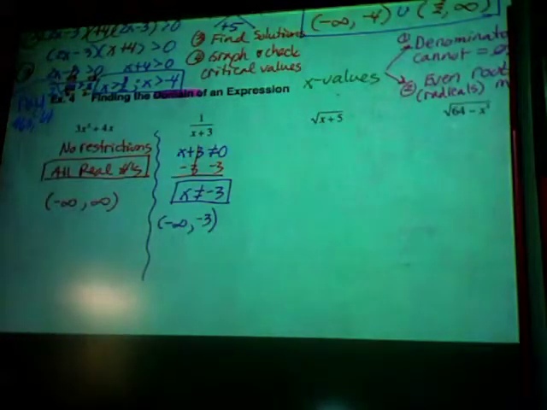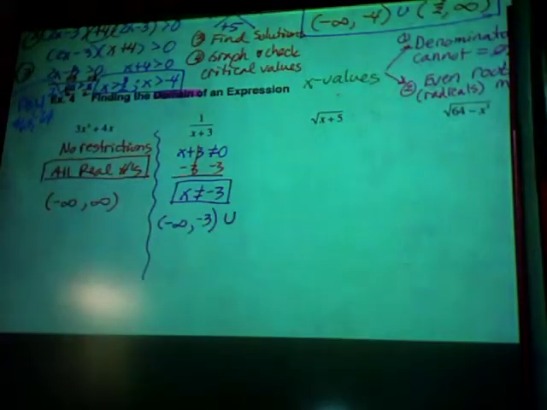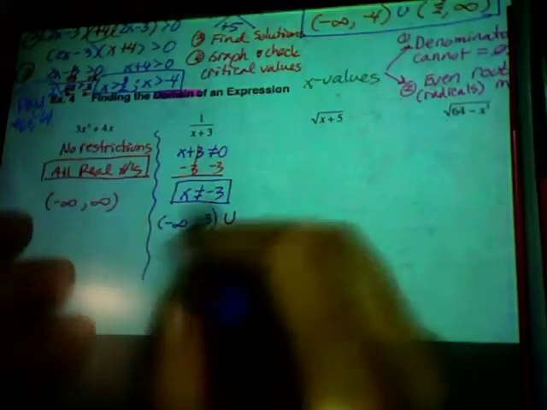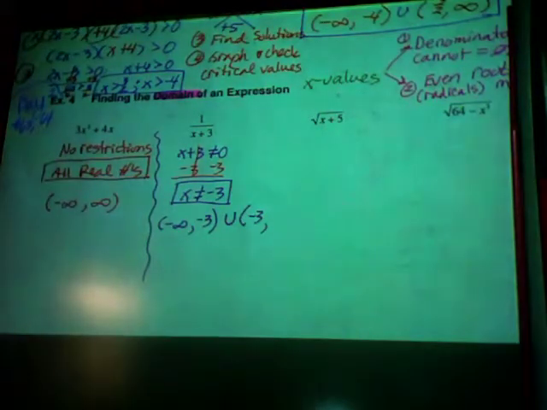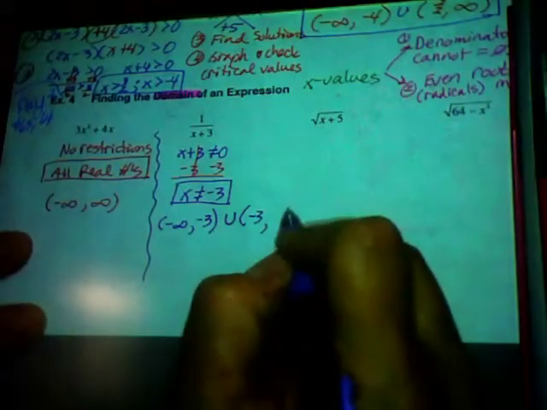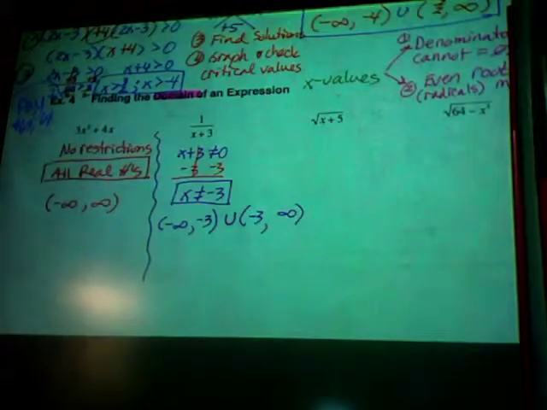Then, because I'm showing a hole in my graph, I essentially have the entire x-axis but -3. I do have to do my union. And then my left bound for my next side is still -3, but it's an open parentheses again. And then its right bound is positive infinity. So that's how you show one number hole in the graph with your interval notation.